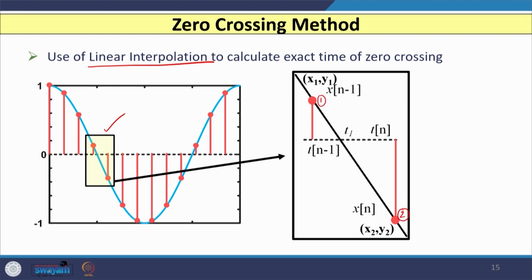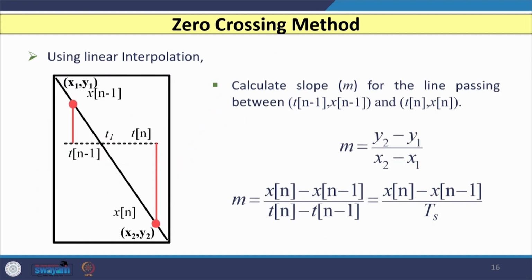If I calculate the slope, let us say slope is given by m for any line passing between these 2 samples 1 and 2, then this can be given by y2 minus y1 divided by x2 minus x1, where x1, x2 are the coordinates on the time axis x, and y are the samples, that is x of n or x of n minus 1.